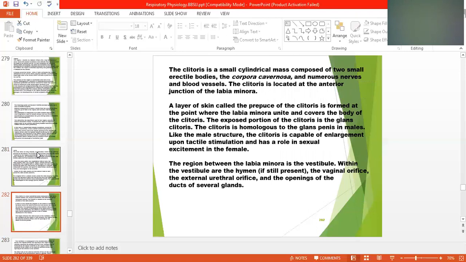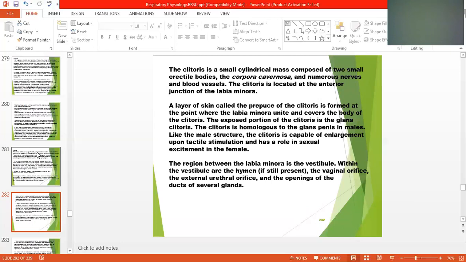The clitoris is a small cylindrical mass composed of two small erectile bodies, the corpora cavernosa, and numerous nerves and blood vessels. The clitoris is located at the anterior junction of the labia minora. The layer of skin called the prepuce of the clitoris is formed at the point where the labia majora unite and cover the body of the clitoris.